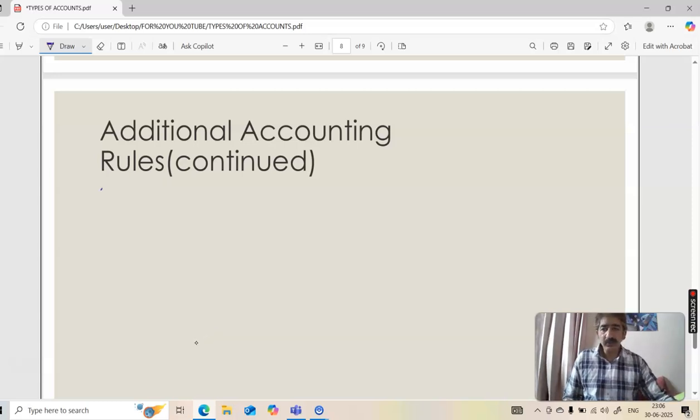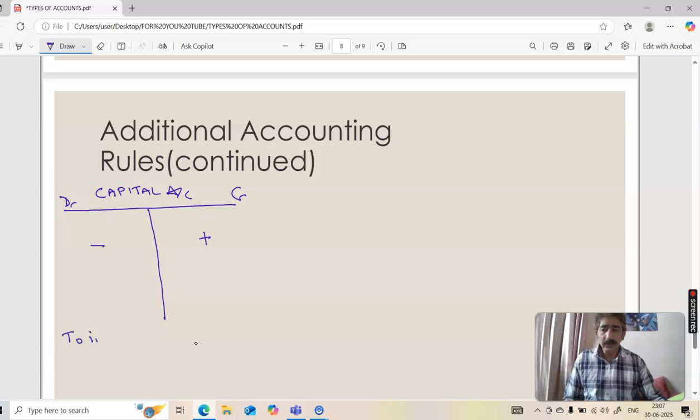Next rule is pertaining to capital account. Capital is the money or money's worth invested in the business firm by the owner. Positive sign on the credit and negative sign on the debit. How do we learn this?